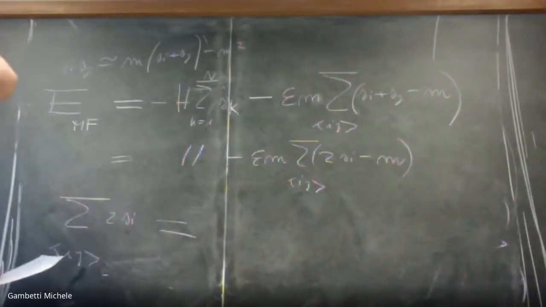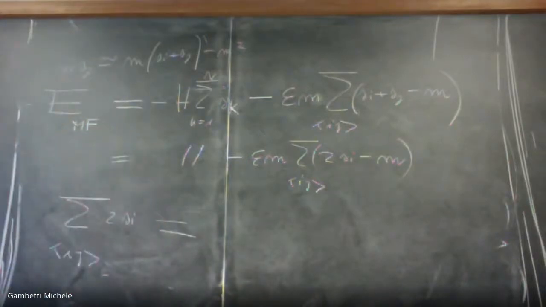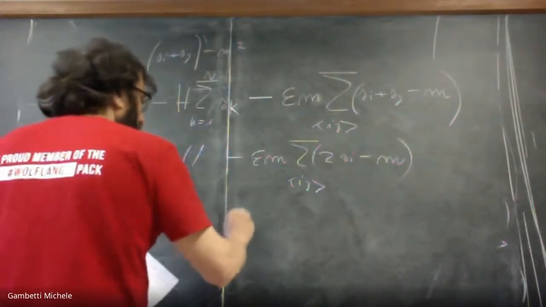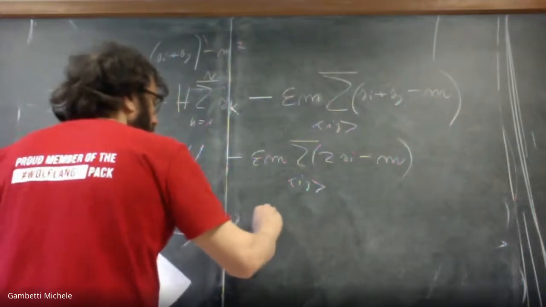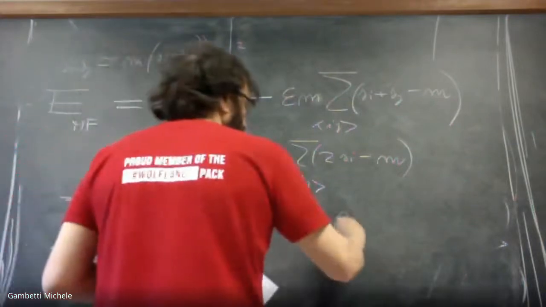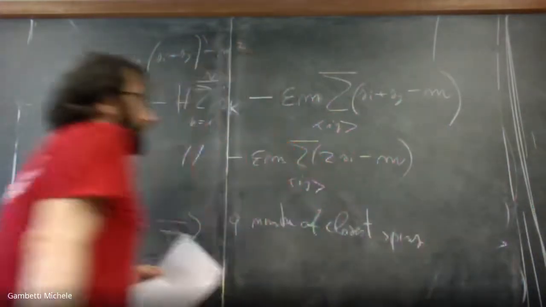Let's call Q the number of closest spins.